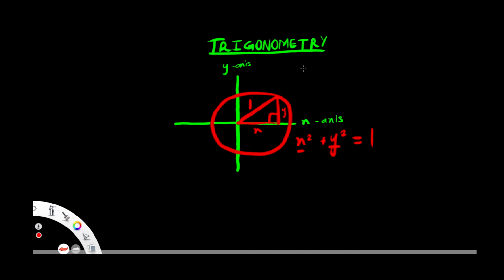So the general Pythagorean formula, for those of you who do not remember, is b squared plus p squared equals h squared. So this is the same as this.